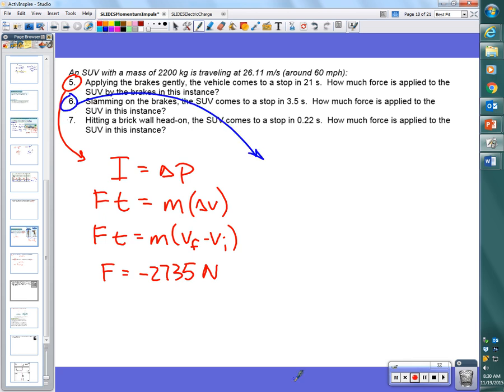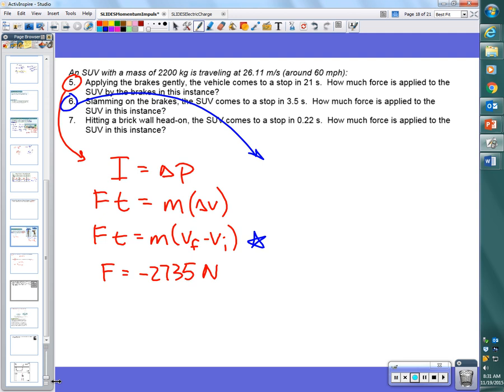Very similar. The only thing that changes in that problem is going to be what? The time, right? So we're still going to use this equation right here. The right-hand side doesn't change at all, right? It's still the same SUV with the same mass. It's still ending up at 0. It still started at 26.11. The only thing that changes there is the time.